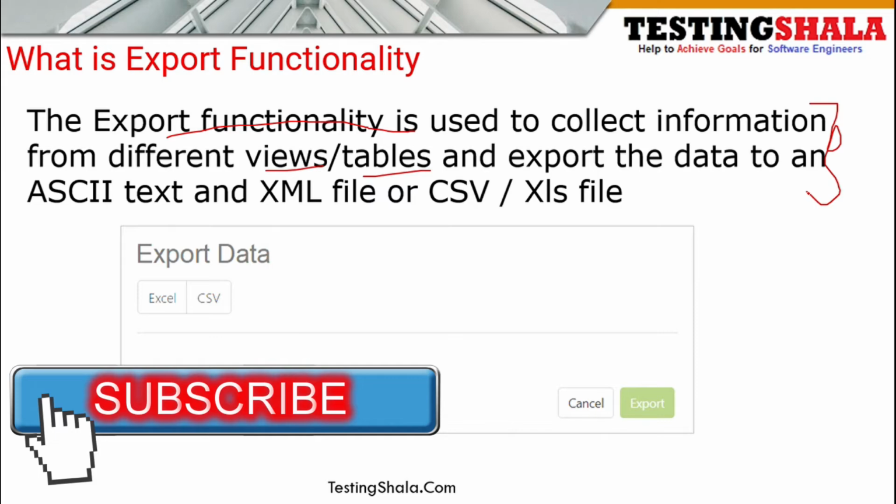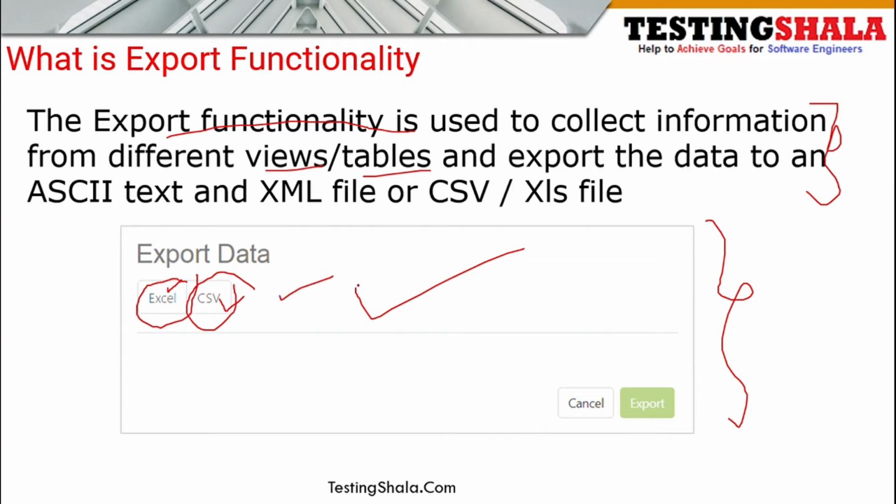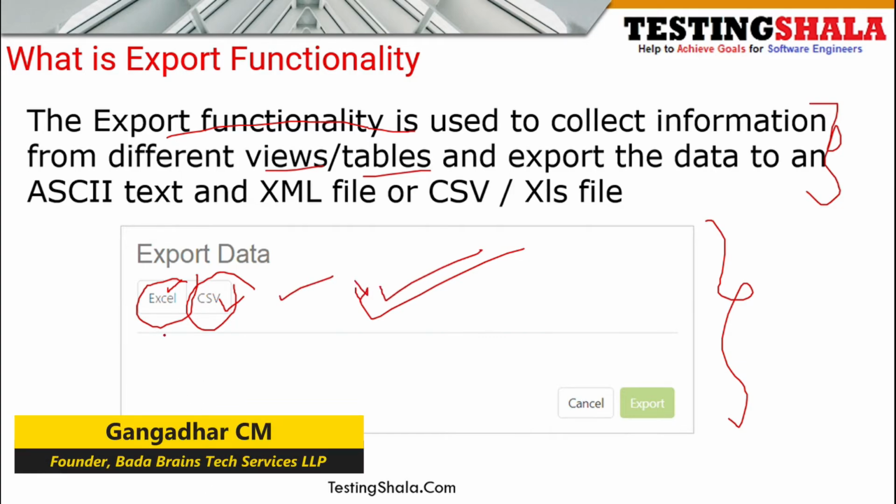Because of this, as a tester, we should definitely know how export functionality works and what test cases we should write for it. This is how the UI might look for export functionality, where they provide different options, whether the export will happen in Excel, CSV, text, or XML format. They might give a checkbox.